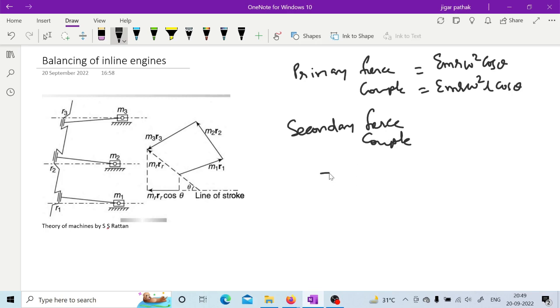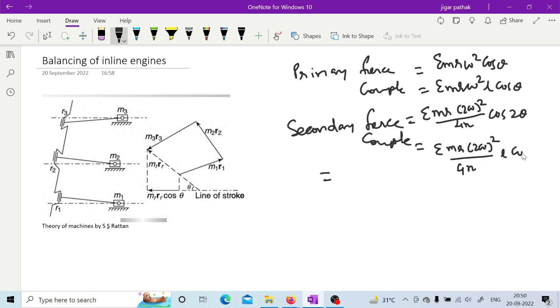Similarly, for secondary force, it will be M R, with 2 omega in place of omega, r by 4n in place of r, and 2 theta in place of theta. For couple, simply L will be multiplied: 2 omega square by 4n, L cos 2 theta.